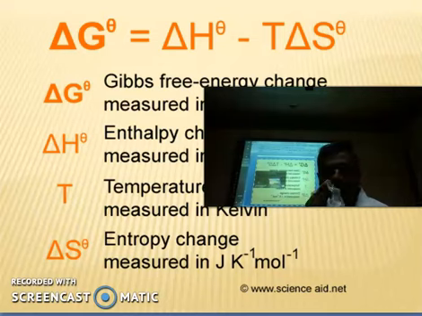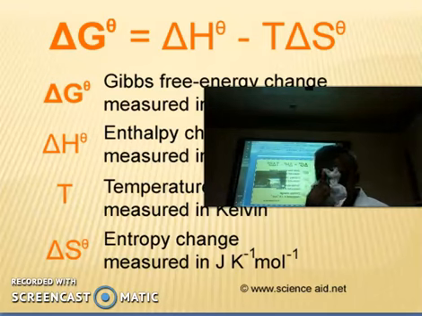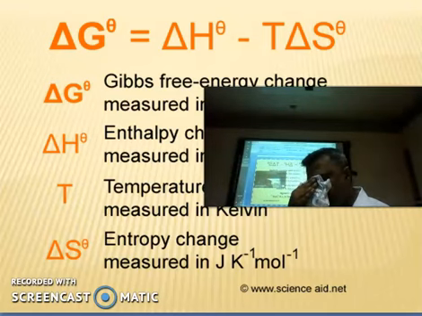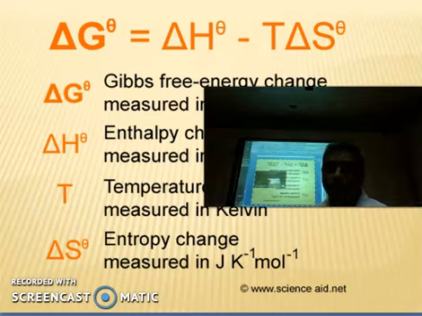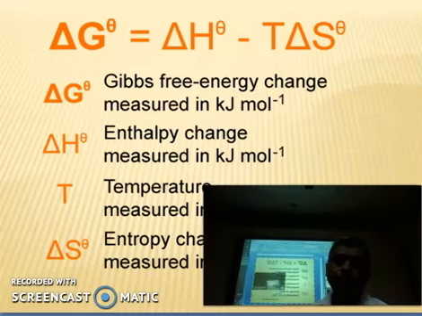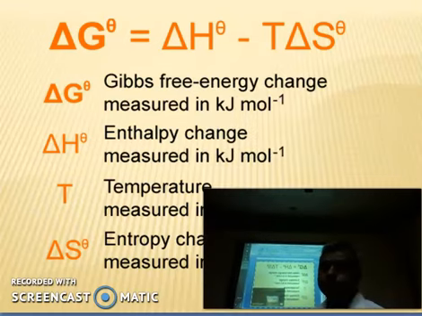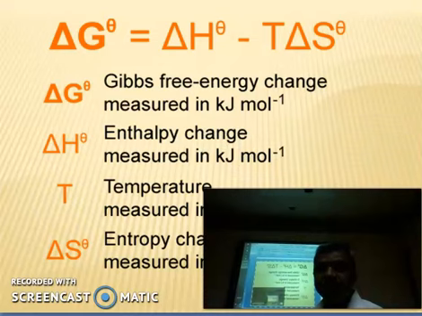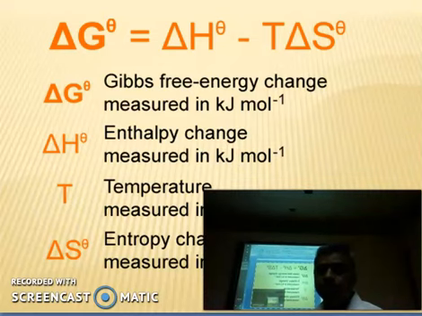Then temperature, you know, in Kelvin. Delta S means entropy change, measured in joules per kelvin per mole. Okay, this is all about delta G is equal to delta H minus T delta S.